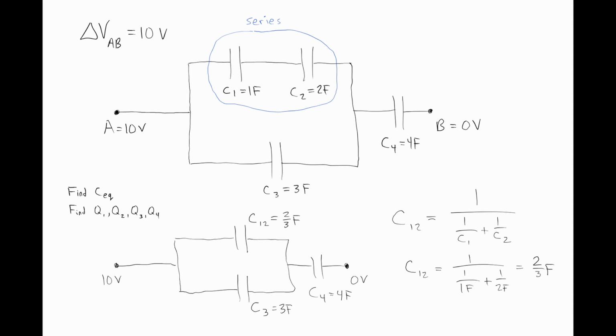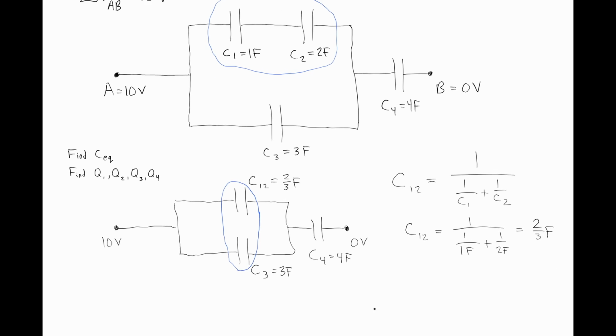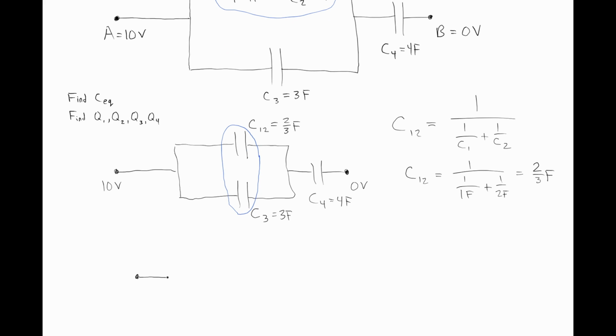At that point, we want to go to the next step, which is to look for capacitors which are directly in series or directly in parallel again. And these 2 stand out to me as being wired in parallel. So I'd like to combine them into one capacitor.